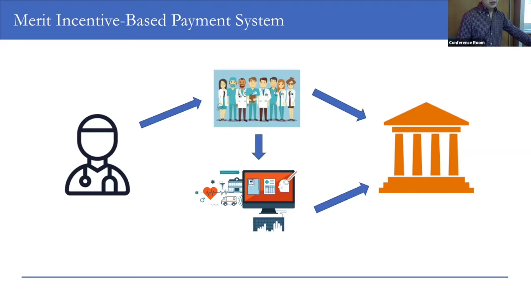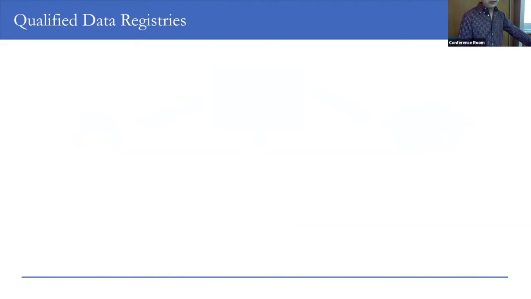These data registries can work with ER docs and ER groups to come up with their own metrics, get them approved by CMS beforehand, and then summarize and submit to CMS for the incentive payments. And obviously the thought behind this was that this gives physicians a little bit more control in terms of what is actually monitored and tracked.